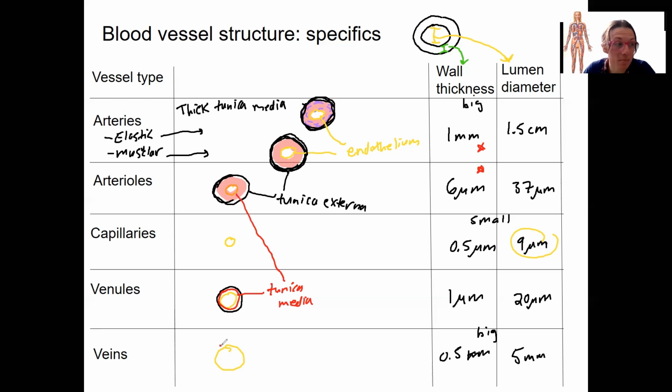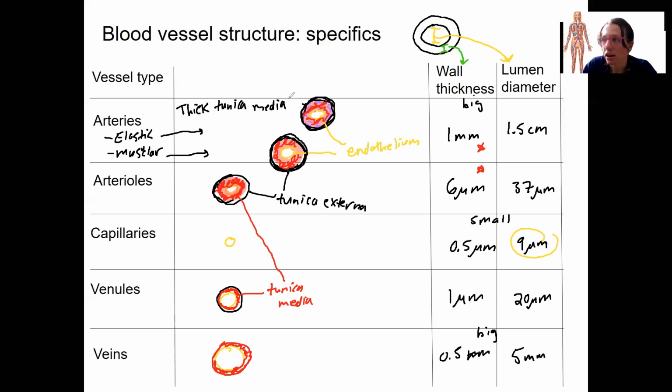As we get to veins, basically the same idea as our venules, but we're getting a little bit bigger. Again, a little bit more smooth muscle than our venules had. Let's color these in too, just to make it consistent. All my smooth muscle is this dark red now. This one is, but I want to leave my elastic fibers in there.